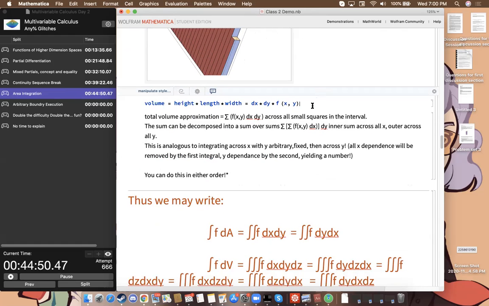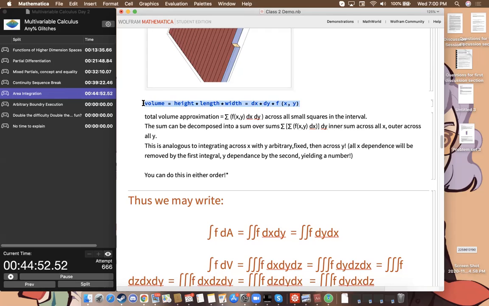So, if this is our definition of the volume of a rectangular prism, it's height times length times width. The length and width are both our dx and dy, differential unit lengths. And then the height is our function. We approximate our total volume as the sum of our function times dx dy across all the small squares in our big square.